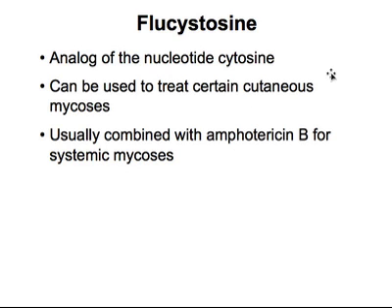Can be useful in treating certain cutaneous mycoses, and again, this is because it can cause some other nasty side effects if taken orally, primarily loss of hair, because your hair is constantly dividing. And usually it is combined with amphotericin B for systemic mycoses, and this combination is very, very, very toxic. But if you have a very severe systemic mycosis or fungemia, you really have no other option.